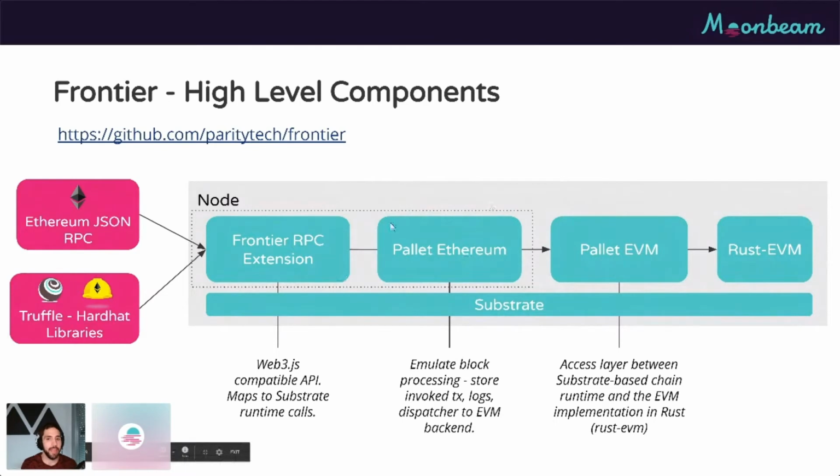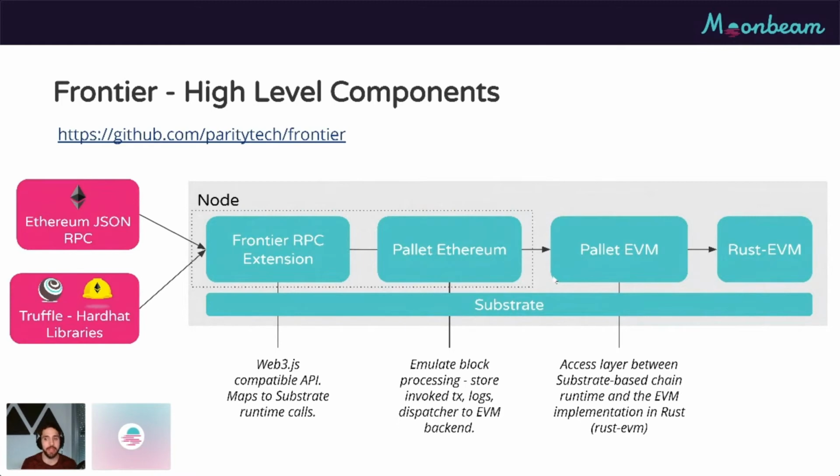The Pallet Ethereum, which works together with Frontier, is basically used to emulate Ethereum blocks, okay? So in our Substrate blocks, we have tiny emulated Ethereum blocks inside. It's just because when you request information from the Ethereum node, it'll try to fetch it from these emulated Ethereum blocks, right? So that's the main functionality of the Pallet Ethereum.